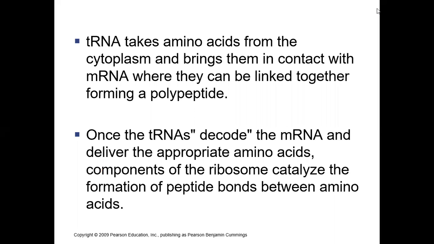Once the transfer RNA decodes the mRNA, it delivers the correct amino acid. If it was supposed to bring alanine, for instance, once it delivers that one, the ribosome forms the peptide bond between the amino acids.